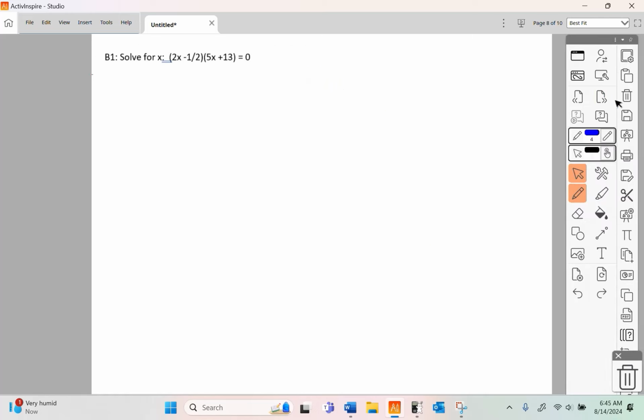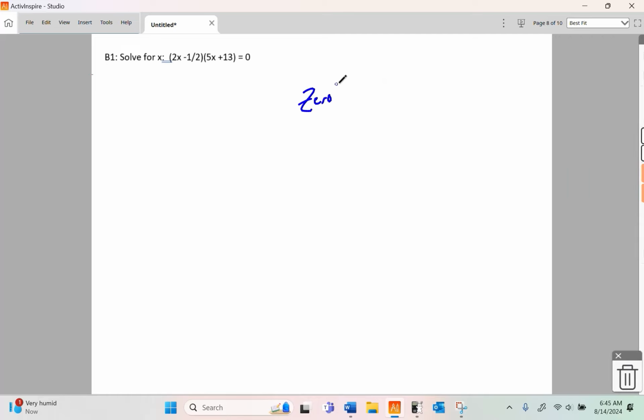So here's your first bonus. Solve this for x. And we're going to use what's called the zero product property. I don't know that I have a formal lesson on this, because it's a skill that you're taught in Algebra 1.